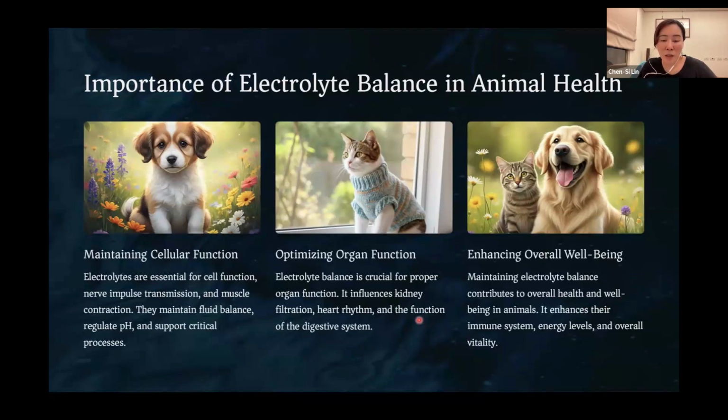So, in addition to these organs, these electrolytes will also be related to the immune system. For example, magnesium is the coenzyme for all biochemical reactions within cells, so it will also potentially influence the immune system as well as the energy metabolism.